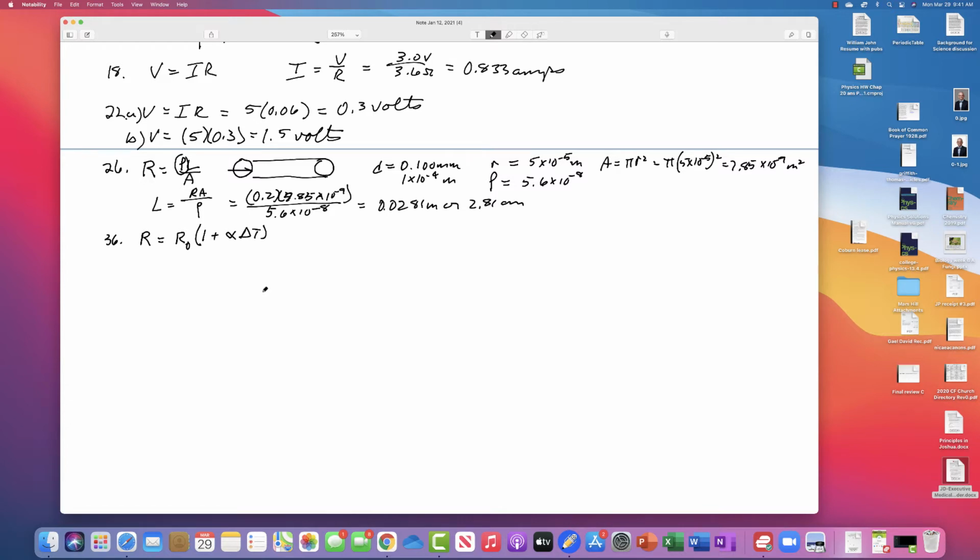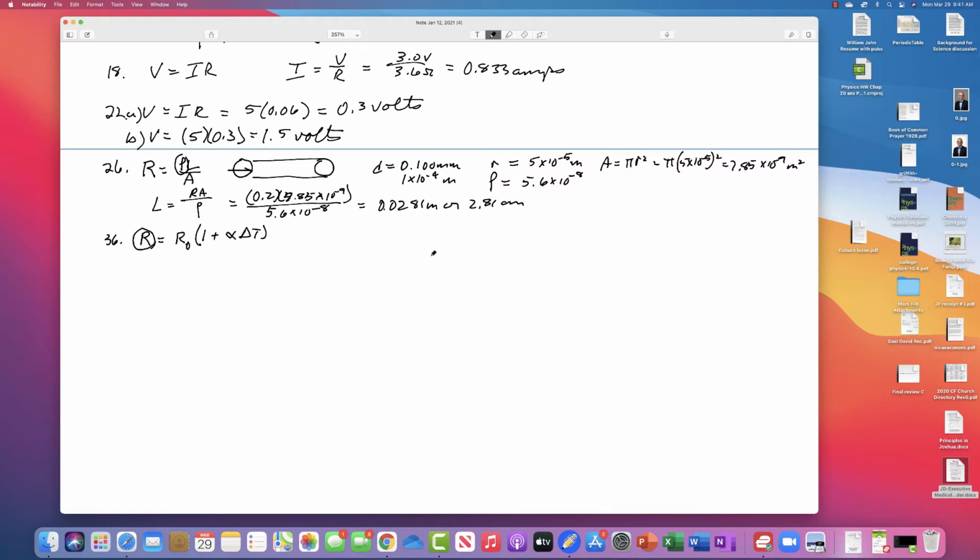Let me read the problem here real quick. You have two wires, one copper and one iron. The copper has a resistance of 0.5 and the iron has a resistance of 0.525 at the same temperature, 20 degrees. It asks, at what temperature will their resistances be equal?